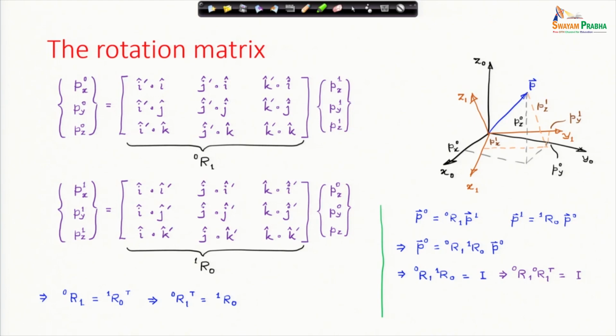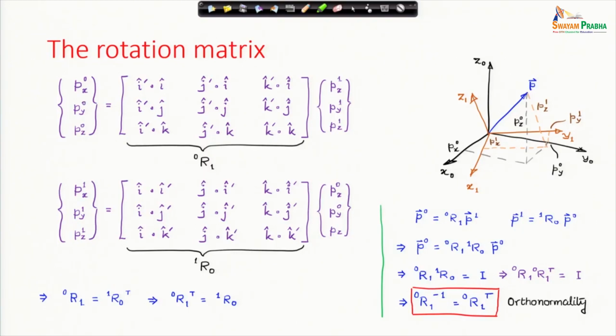And you know that R from 0 to 1 is nothing but the transpose of R from 1 to 0. This also tells us that R from 1 to 0 inverse is its transpose. This is a very interesting property.